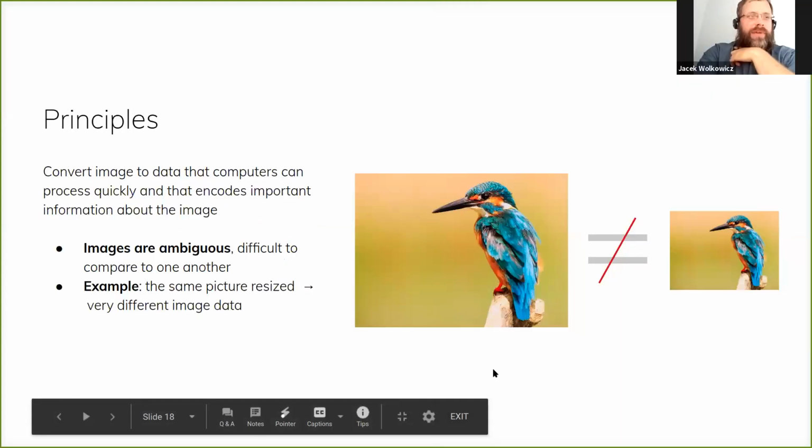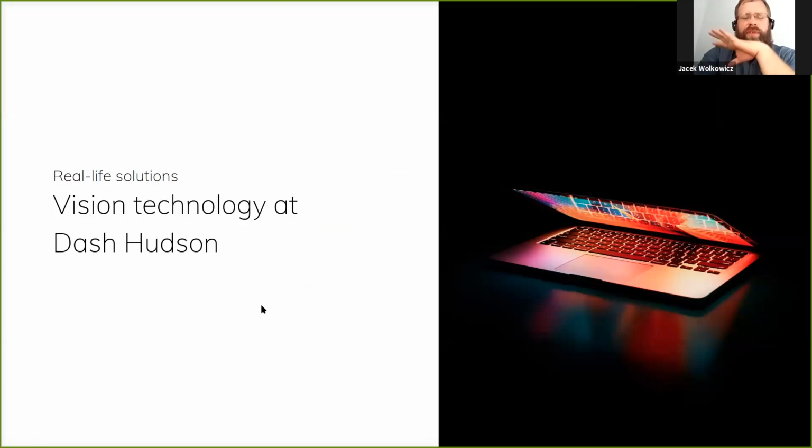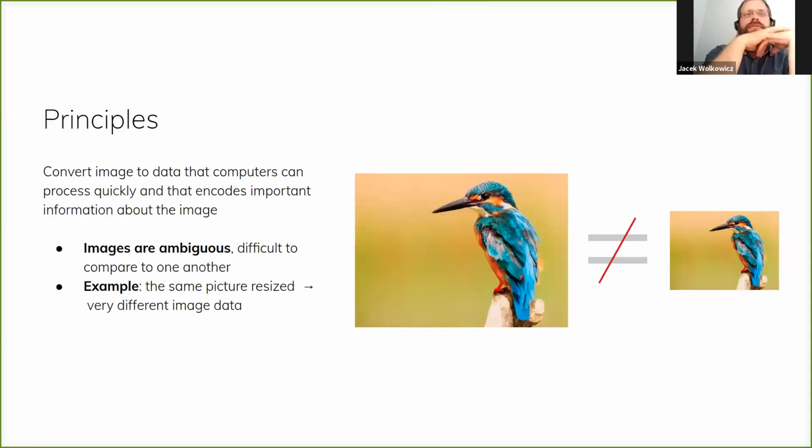Okay, thank you, Magda. Hudson deals with a lot of images, basically visual assets. Can you go to the next slide, Magda? With the birds, yes. The problem is that if you look at those images, for you guys, we can say, okay, those are the same images, just one is smaller than the other. But if you look at the raw bytes behind them, they're actually completely different beasts.